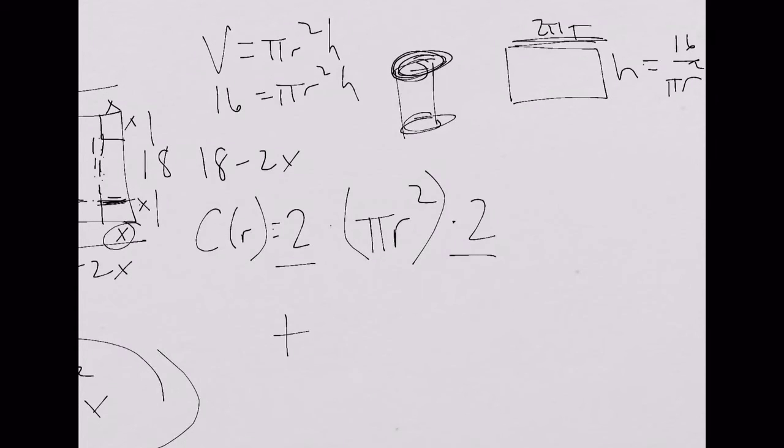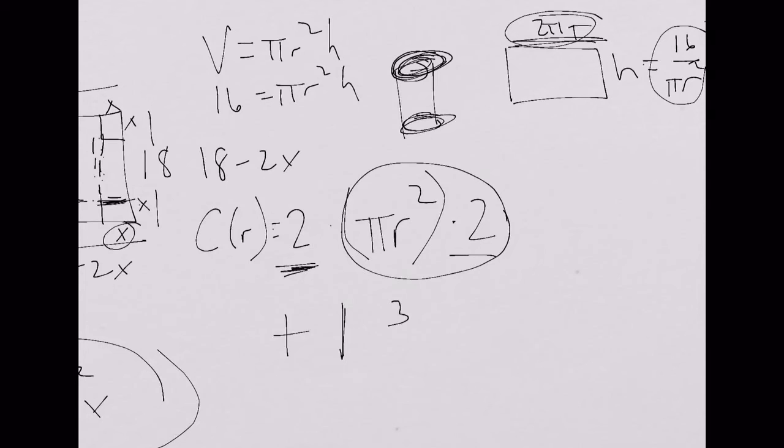So I have everything in terms of r now, because I have my two circles, which is 2 pi r squared. The cost is twice as much, so I just put a 2 out in front. So my cost on my lateral side is just one of them. But if I multiply my length times my height, I think there'll be some canceling out, and I end up getting 32 over r. That should be right.